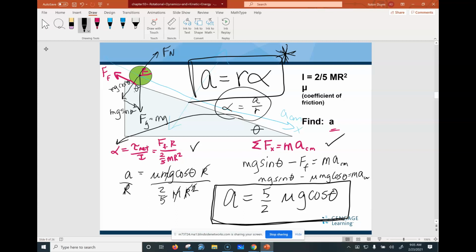Let me look at it and get back to you. Off the top of my head, I'm going to say probably not, because there might be more forces and you want to make sure that you are relating your linear force with your linear acceleration and your rotational together, because it has both.